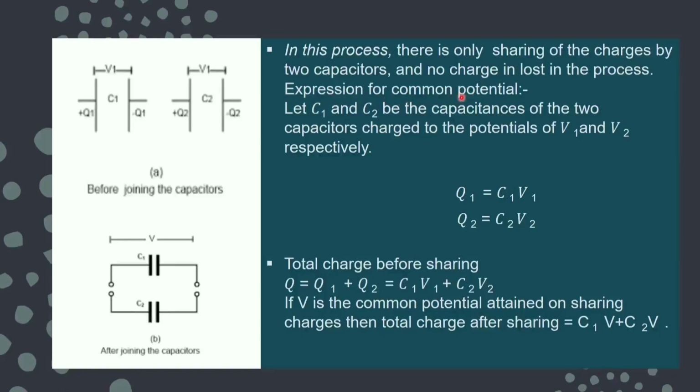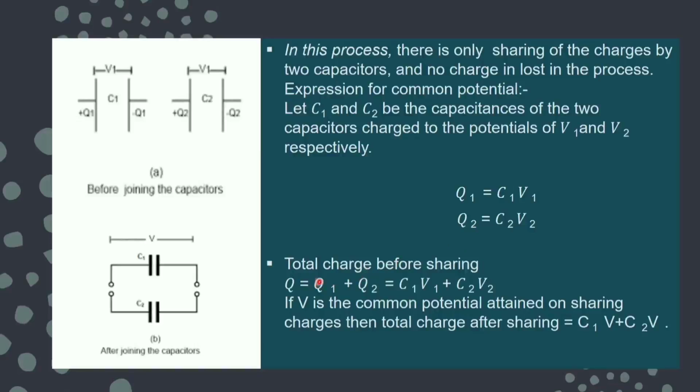We have discussed what common potential is, and you should note that whenever sharing of charges happens, no charge is lost in this process. Charge is only transferred from one to another, but no charge is lost. Before connecting with the conducting wire, C1 and C2 are the capacitances and V1, V2 are the potential differences, so Q1 and Q2 can be written.